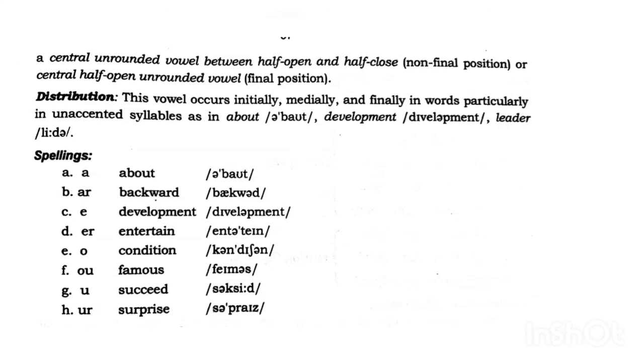Distribution: this vowel occurs initially, medially and finally in words, particularly in unaccented syllables, the syllables we pronounce without much stress, as in about. We don't give much stress there; the sound is articulated in a way that is hardly heard. So, about. Then development, and leader.